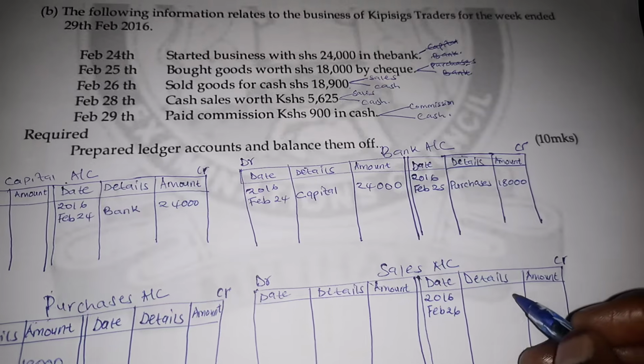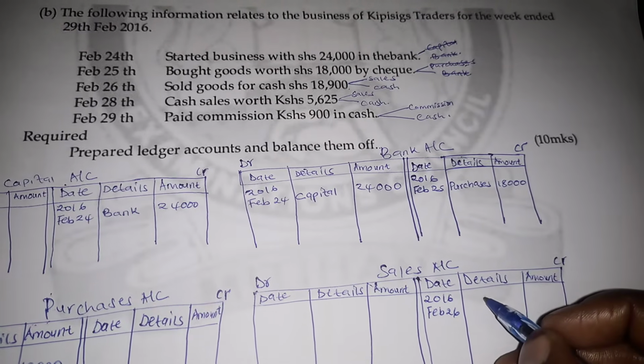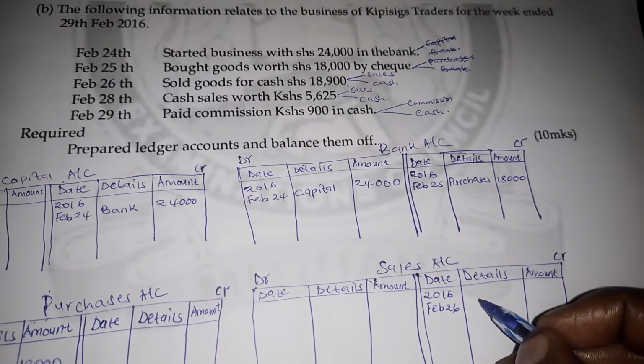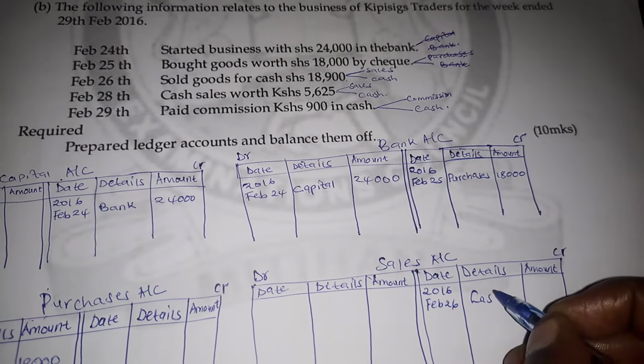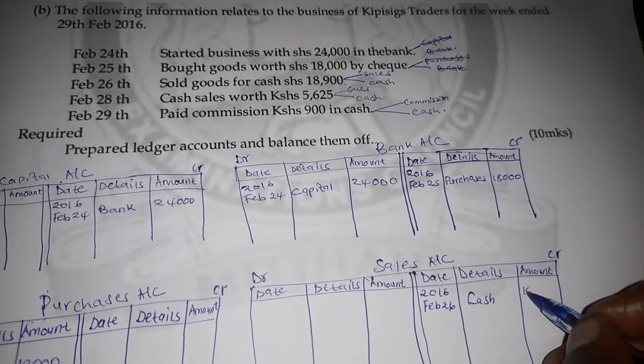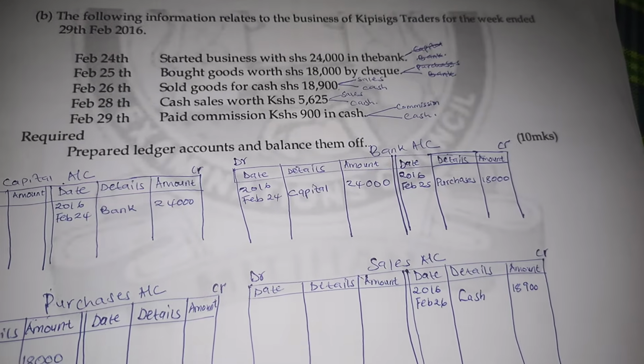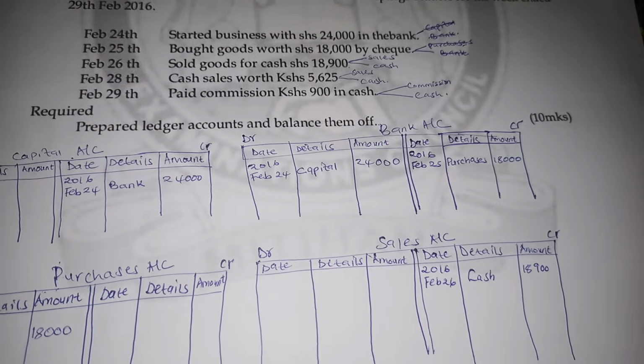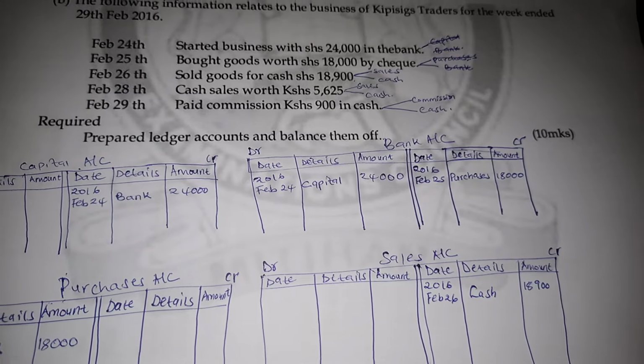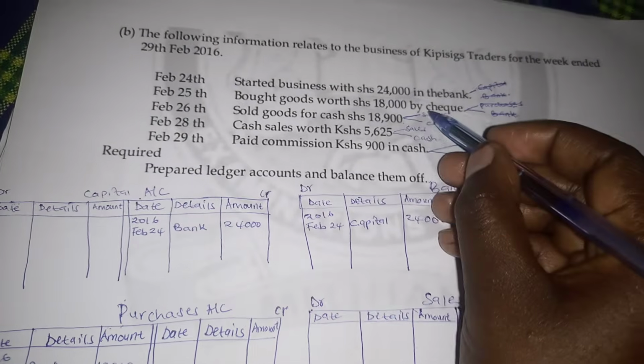What happened? How were these sales paid? In form of cash, which was 18,900. So we are through with the sales account.